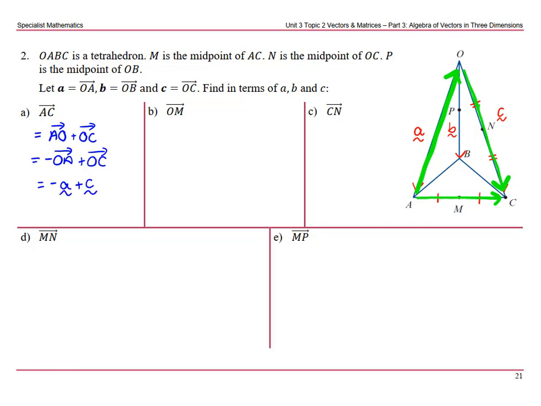Now, vector OM. I'm going to get rid of the lines that I used for the previous one. So OM, let's identify the vector we're looking for, and let's work out how we can find that. So if I go OA plus AM, that OM is my resultant. So this is going to be OA plus AM.